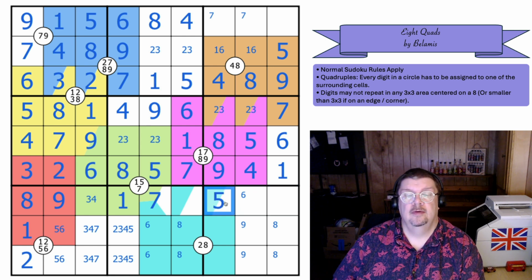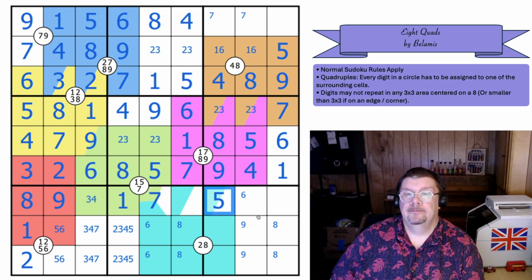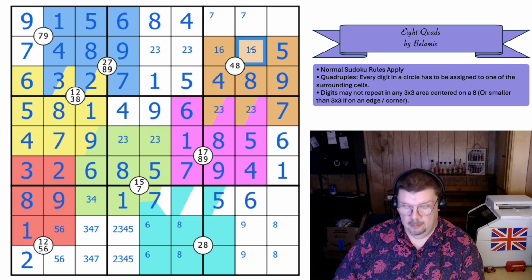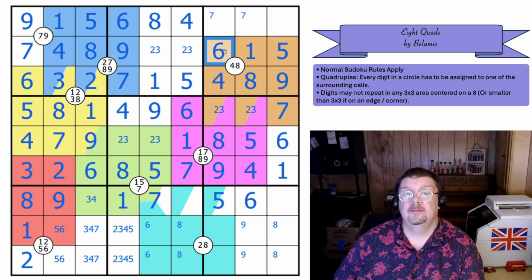I don't yet know whether teal is 2 rows or 3. But if that's 5, then 6 in the row must go here, which resolves my 1 and 6. 1 in this box now goes exactly here.